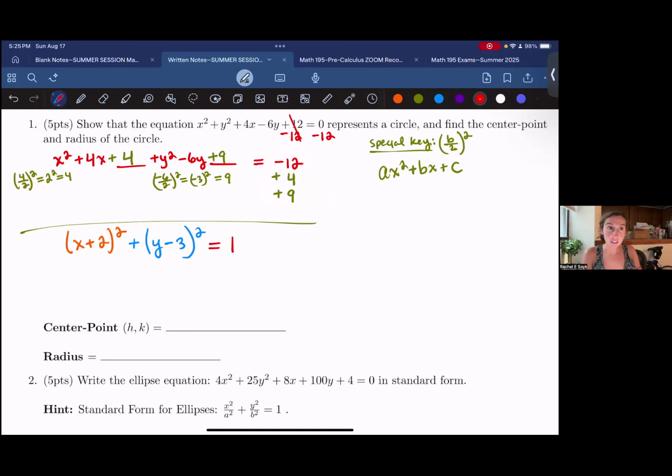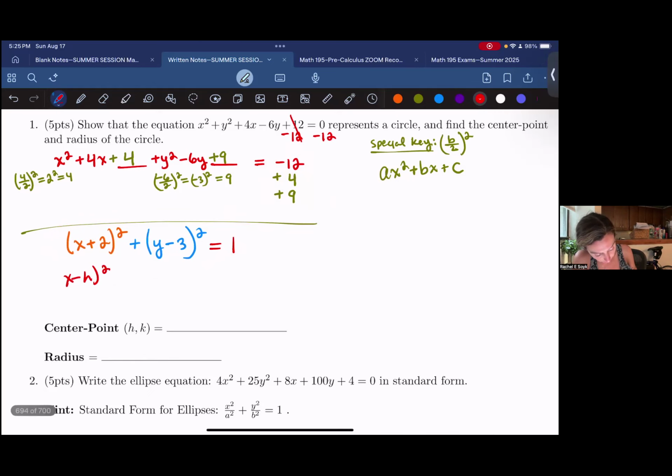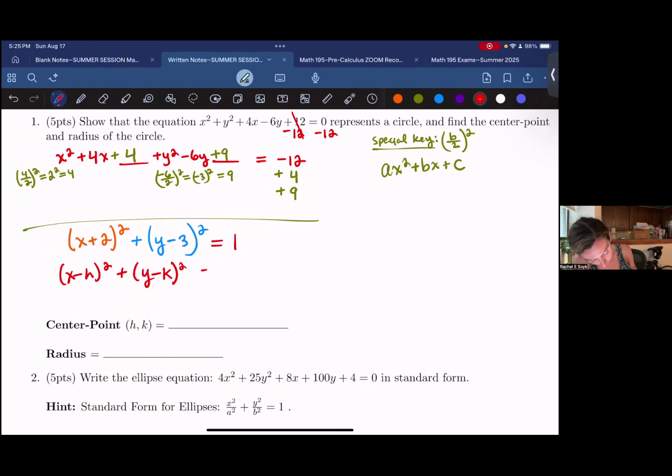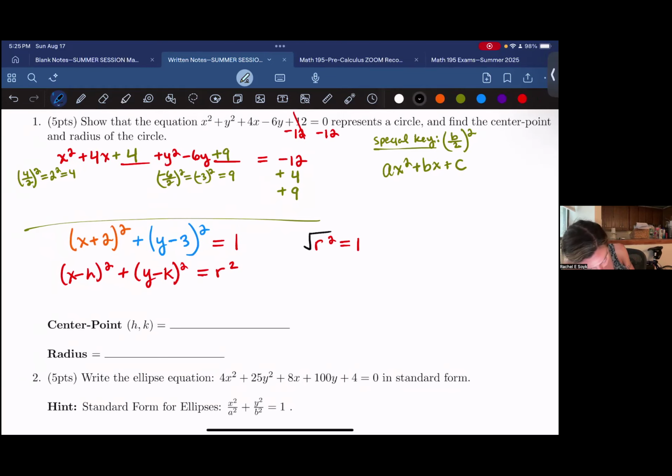So there we have it. We officially put this into our standard form for an equation of a circle, x minus h in parentheses squared plus y minus k in parentheses squared is equal to r squared, where our r, if r squared equals 1, take the square root of both sides and we get our radius to be 1.